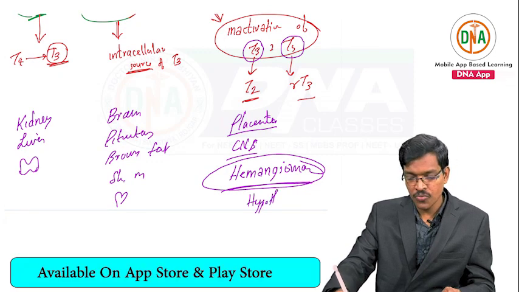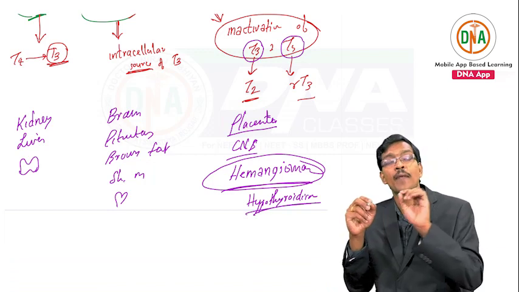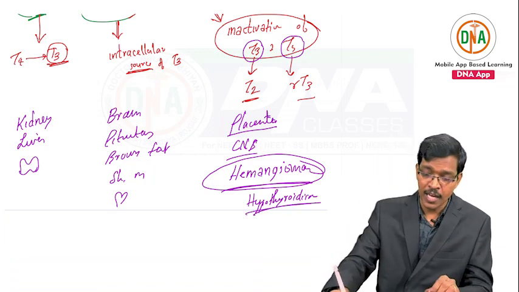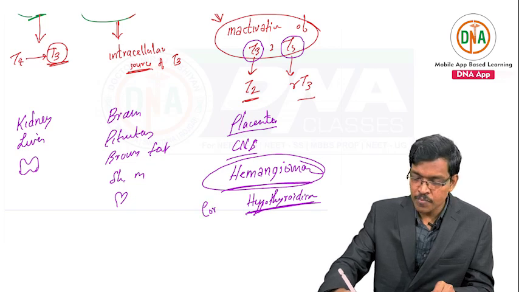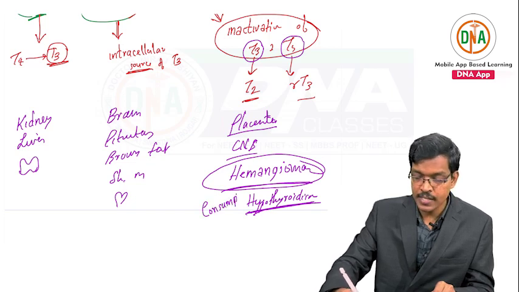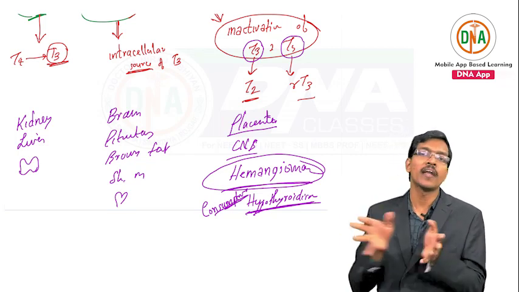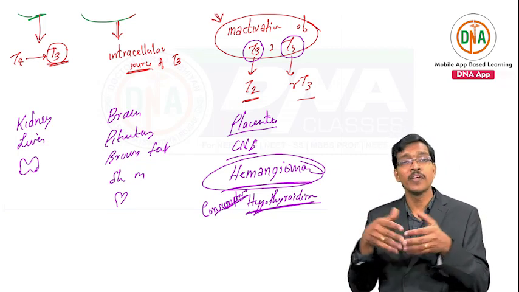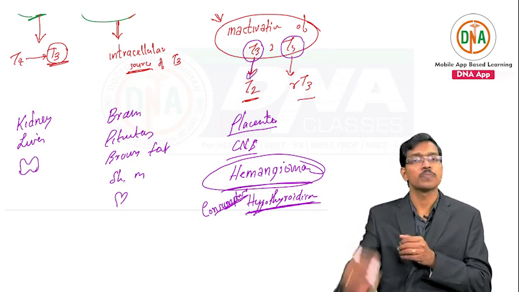So one cause of hypothyroidism you will see in all the books is hemangiomas, and this is known as consumptive hypothyroidism. Consumptive, because these hemangiomas produce D3, and the thyroid hormones are consumed or converted to inactive forms.